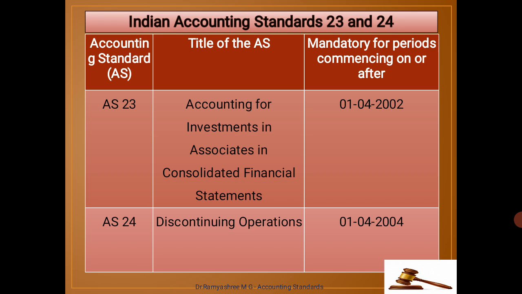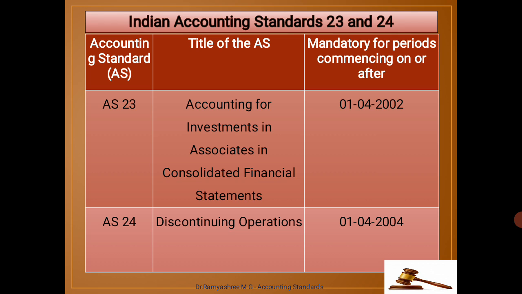Accounting Standard 23 deals with accounting for investments in associates in consolidated financial statements. This accounting standard comes into effect in respect of accounting periods commencing on or after April 1st, 2002.